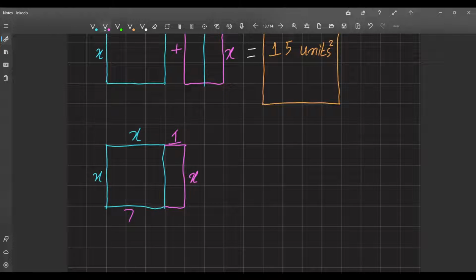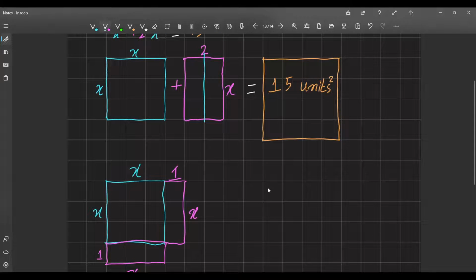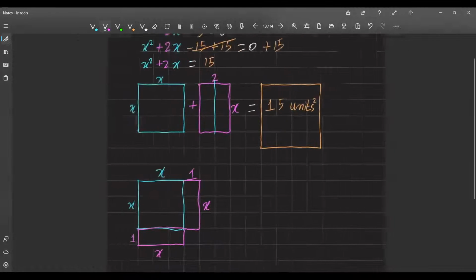Okay, I'll show you here that this is the second rectangle that I have, and it has the sides x and 1 as well. Okay, I've done nothing but just switch it up a little.